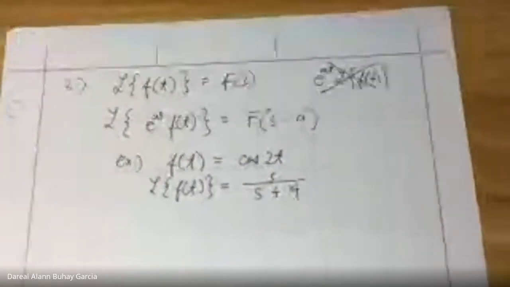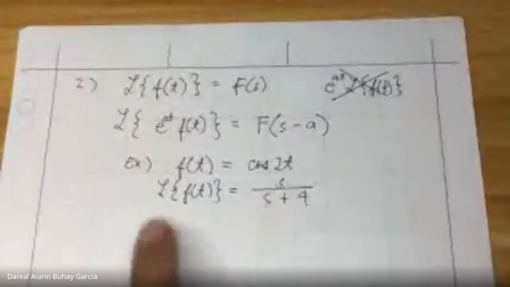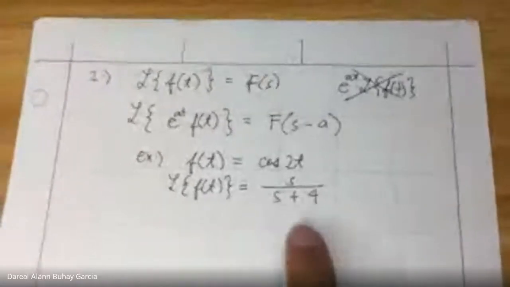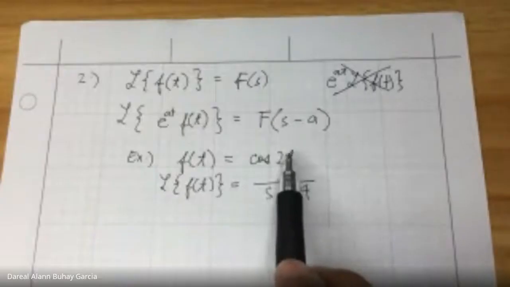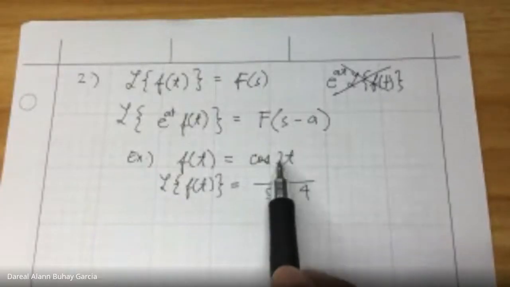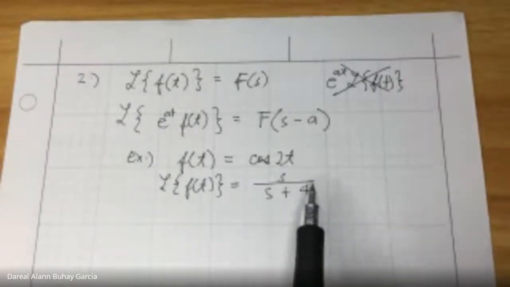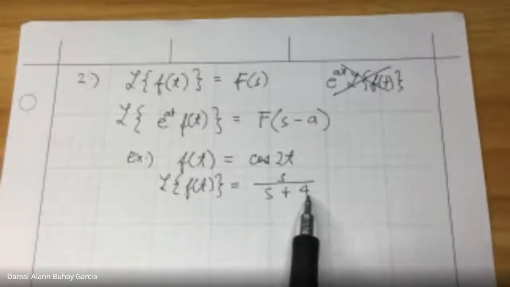Right? So far, understood? I referred to the table, okay. Because the a in our given function is 2, I just substitute a here.